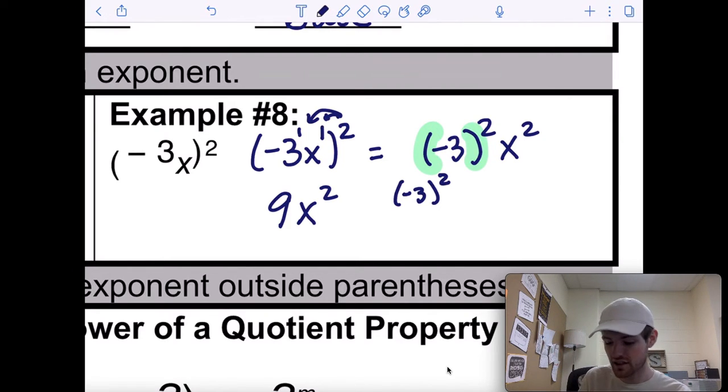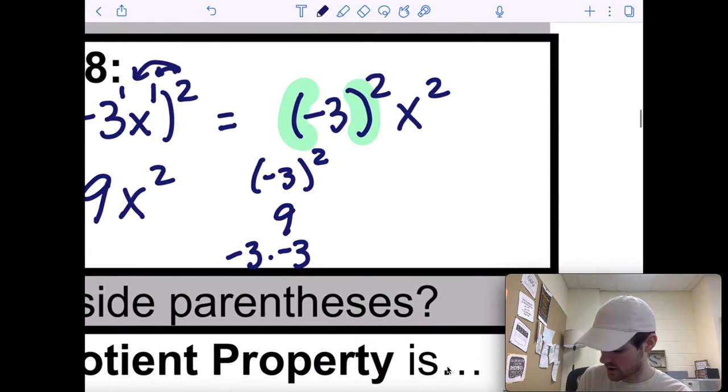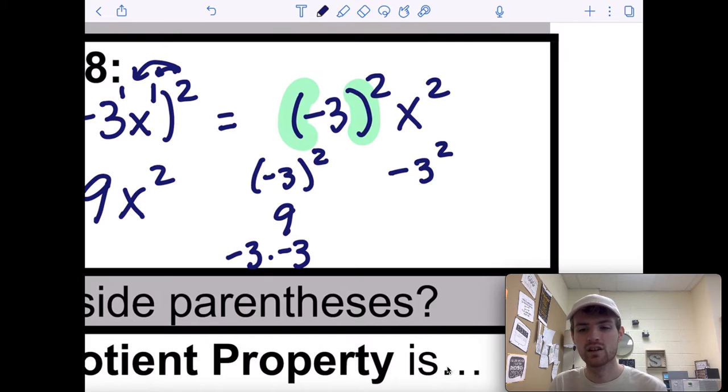When you type this in, your phone, your calculator will give you 9, because what we're doing is negative 3 times negative 3. If you write this problem without the negative, without the parentheses, go ahead and type that in your phone or your calculator.